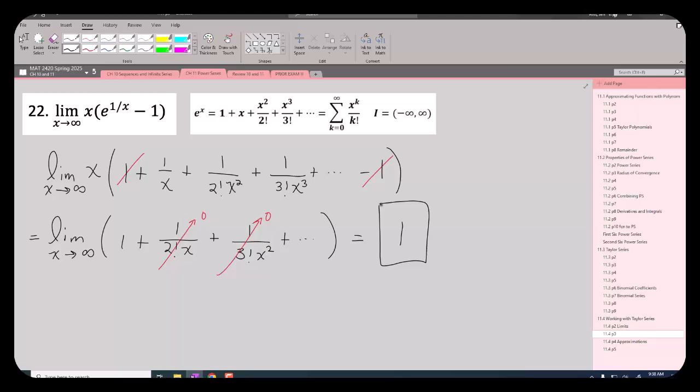Okay. So we're replacing the e to the 1 over x. We're replacing the x with the power series of e. So to get the power series for e to the 1 over x, we take the power series for e to the x, and we replace that x with the 1 over x, which means replace every x that we see with the 1 over x. And when you have a 1 over x plugged in here, that becomes a 1 over x squared, so it pushes the power into the denominator.